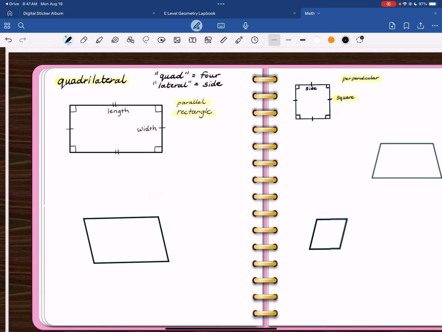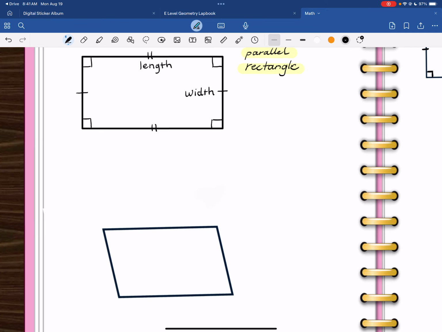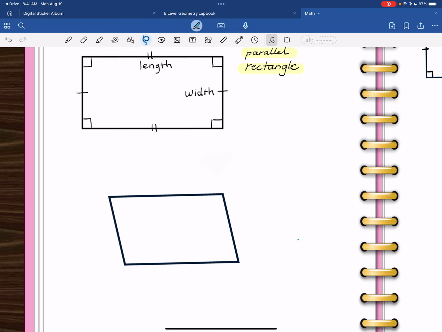Okay, let's look at this one because I want you to compare these two. So what do you notice about these two shapes? Well, I know that this one is equal to this one, and that's width.